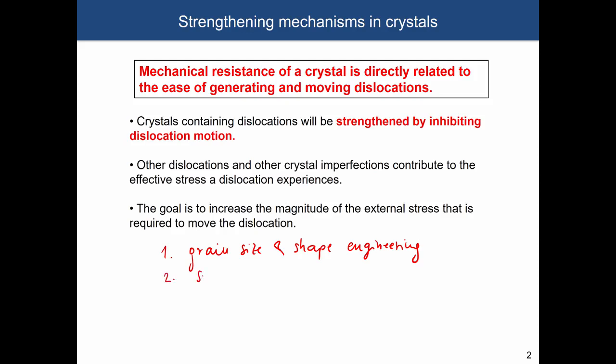The second will be solid solutions. By introducing different types of atoms in a crystal that have either larger or smaller atomic radii, the material will be strengthened. The third is forming precipitates.